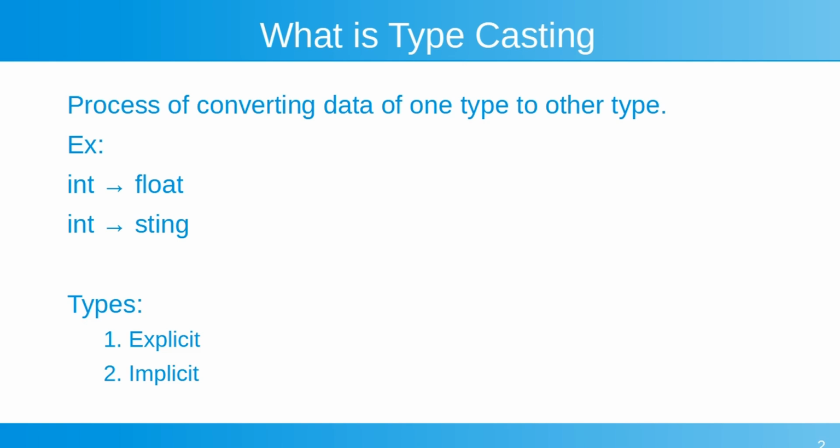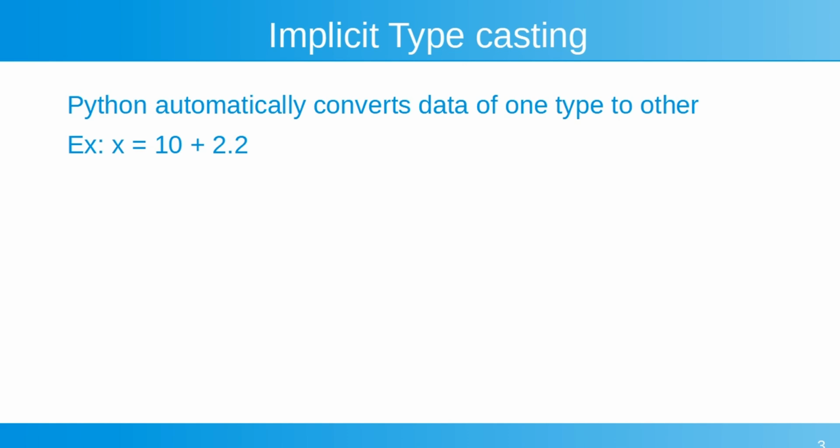Okay, so it is supported in other languages as well. It is there in C++ or Java. So here in Python we have two types of typecasting, one is implicit and another is explicit. In implicit typecasting, Python will automatically convert data type from one data type to another data type.